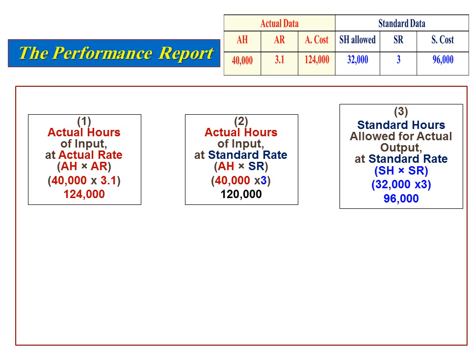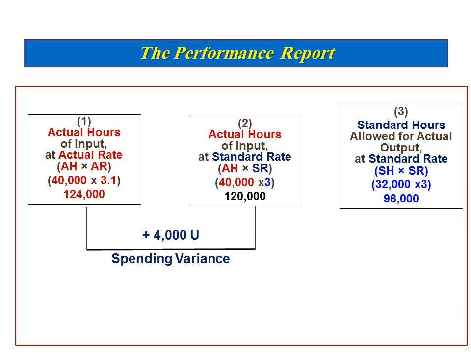For variable overhead, the difference between 1 and 2, spending variance. Here, 124 minus 120, so the difference is positive. Positive means U. The difference between 2 and 3, yes, efficiency variance.